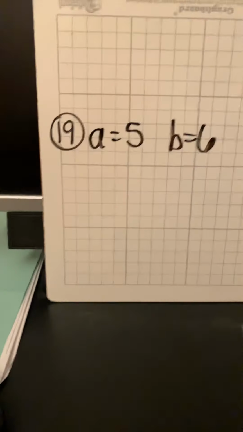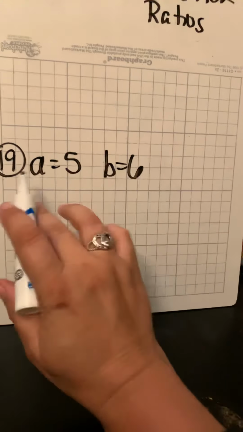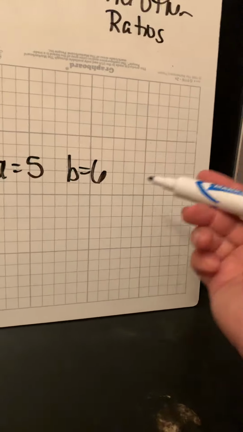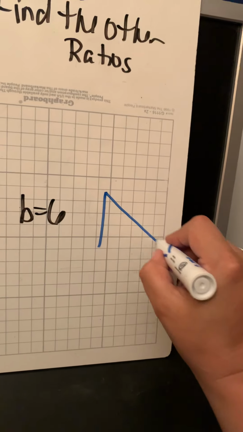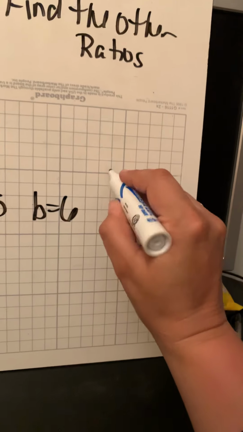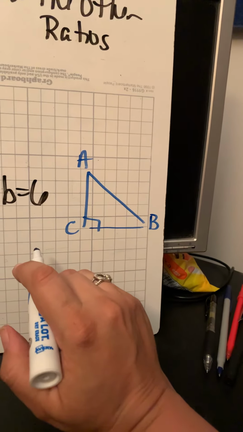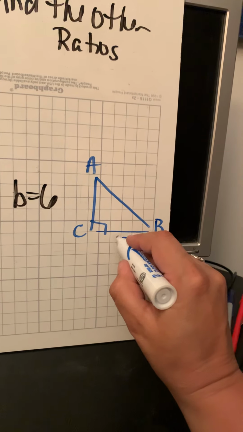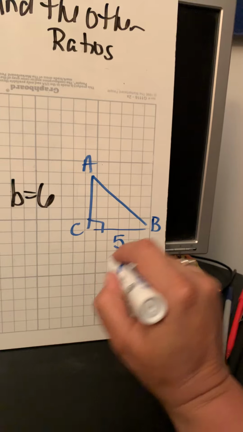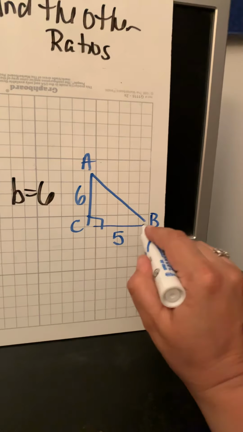The next set of problems, so on 19, it gives you two numbers. Okay, it gives you two sides. So I'm going to draw out my right triangle. And I'm just going to do a basic A, B, C triangle. Side A is 5. So remember, across from that, 5. Side B is 6, so across from that is 6.